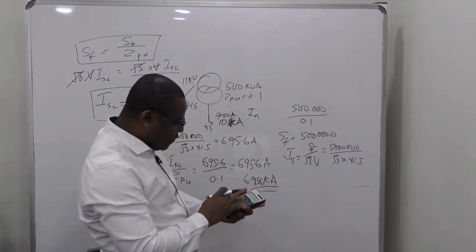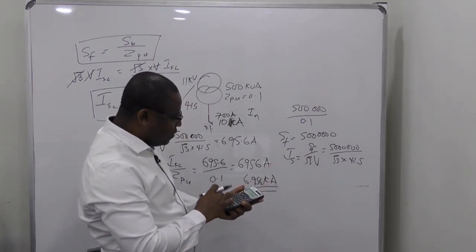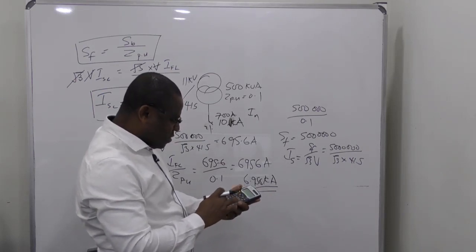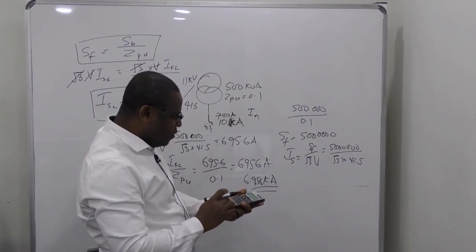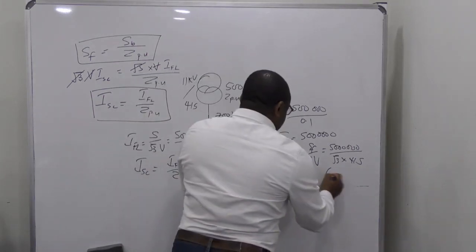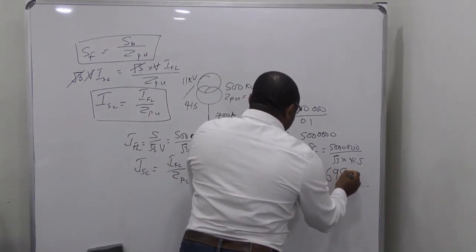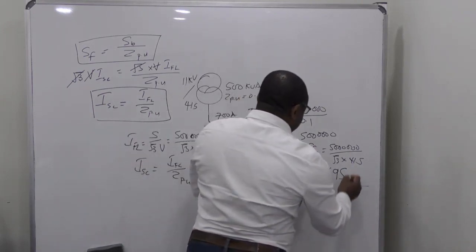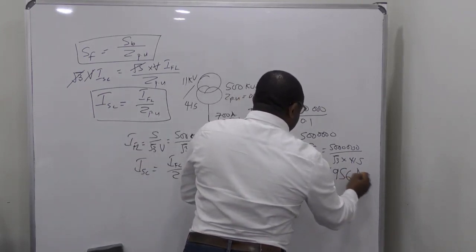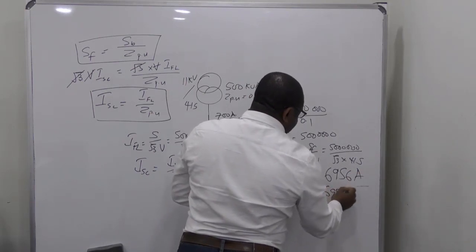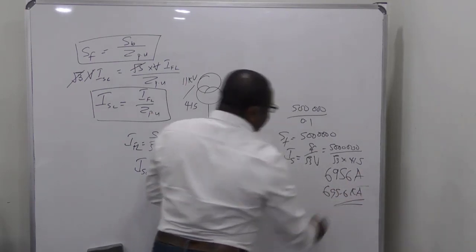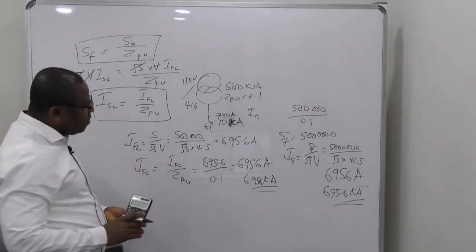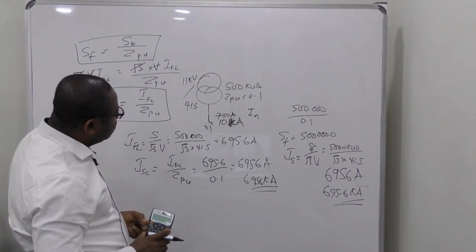So we divide by root 3, then divide by 415, and you get 6956 amps, which is 6.956 kA. All right, the same thing. Whatever you can do, you just use the same.